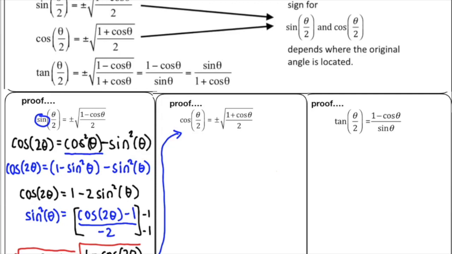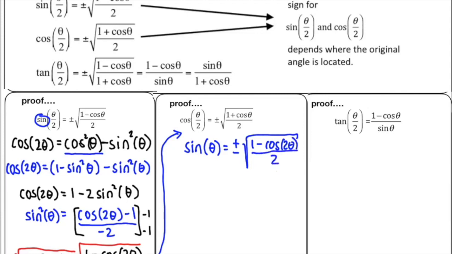And so we end up with sine theta equals plus or minus the square root of 1 minus cosine 2 theta all over 2.